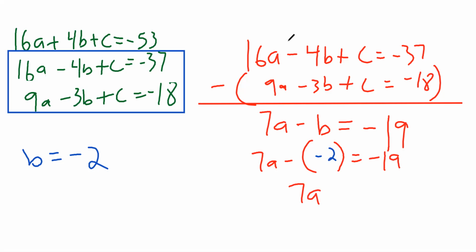That'll become 7a plus 2. Subtract 2 from both sides. This is just a very simple linear equation. Subtract it over, you'll get negative 21. And look, it just so happens you'll get some nice integer coefficients. You'll get negative 3 for A.